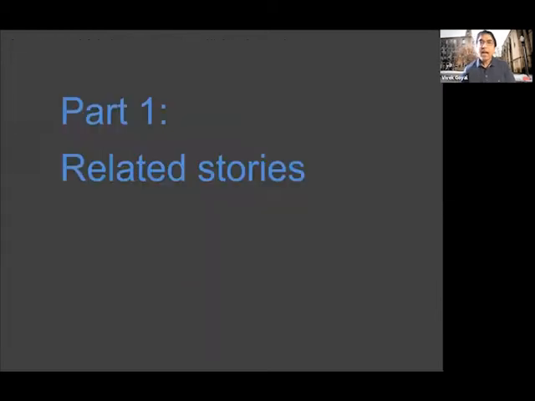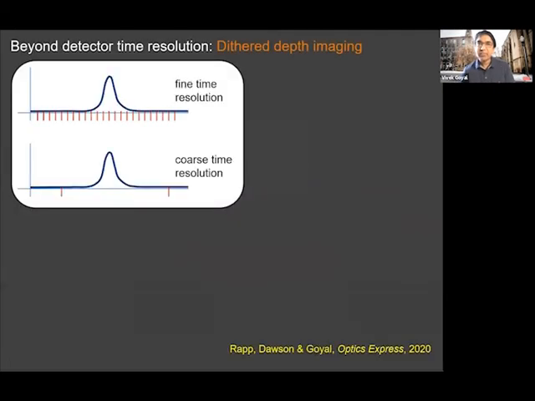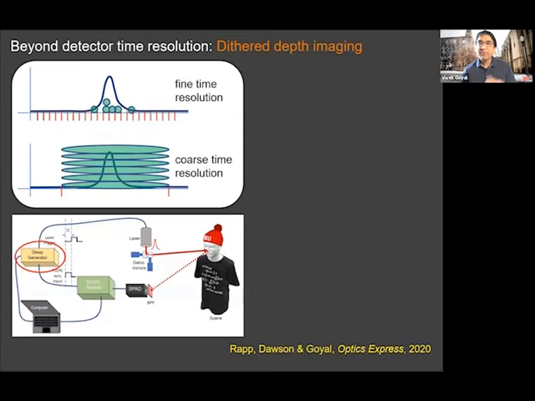Okay, so I'm going to skip over some related stories around single photon processing. We have a recent paper that uses dithering to improve the resolution relative to the time binning in the detector.